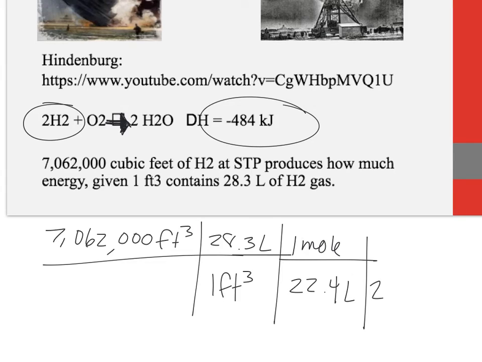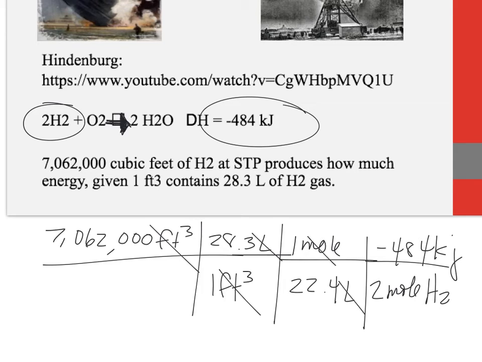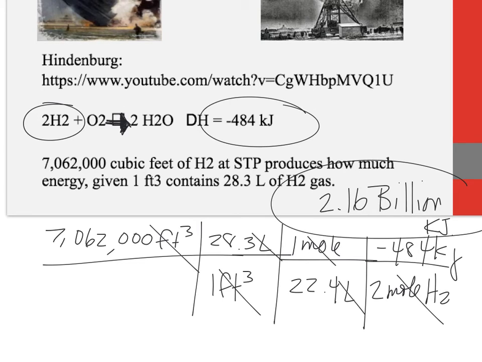So 2 moles of H2, negative 484 kilojoules. So cubic feet cancel, liters cancel, moles cancel. Voila. I do the math. I get a very large number. And it would be 2.16 billion kilojoules. That is a lot of energy.